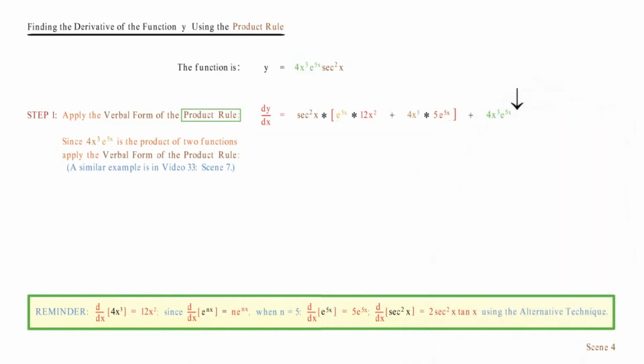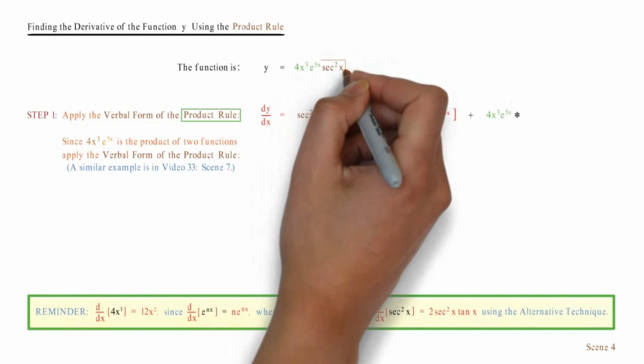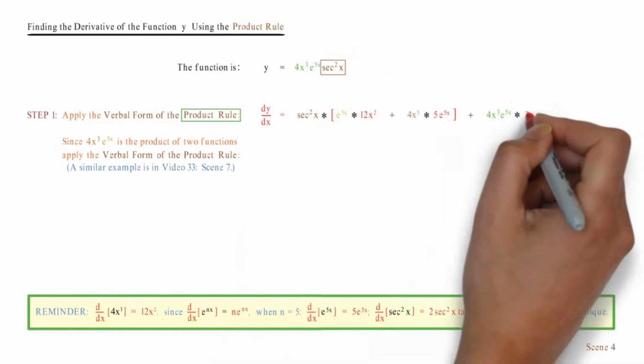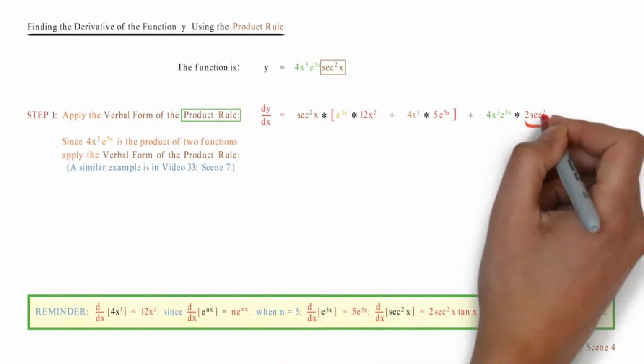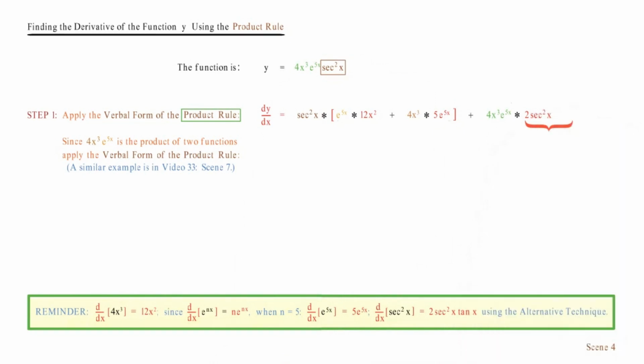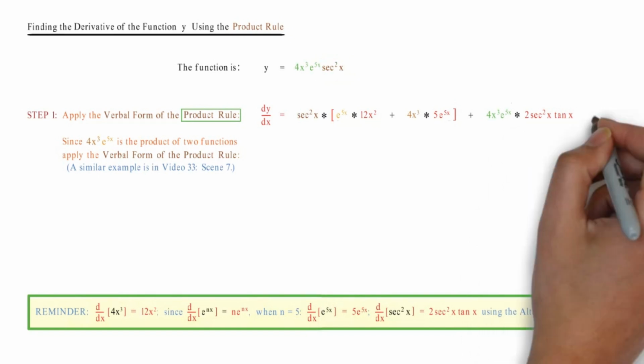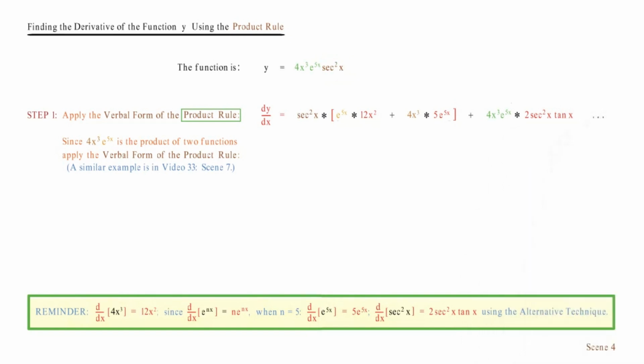Times is times. The derivative of the second function is the derivative of sec squared of x, which is 2 sec squared of x tan of x. Call this equation equation 2.